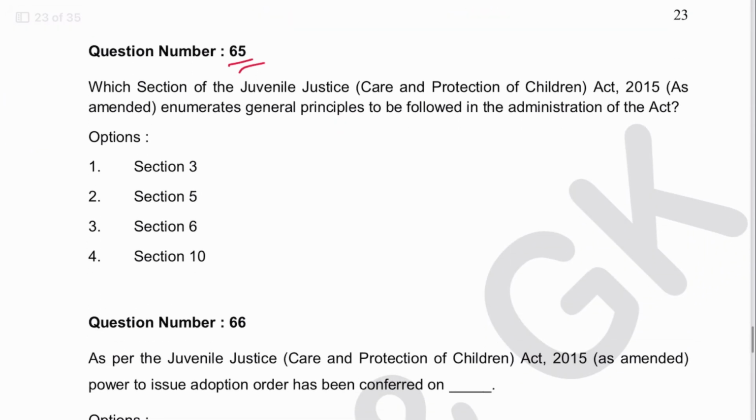Next 65. Which section of Juvenile Justice Act enumerates general principle to be followed in the administration of the Act? This is section 3 itself. 1 is the answer.